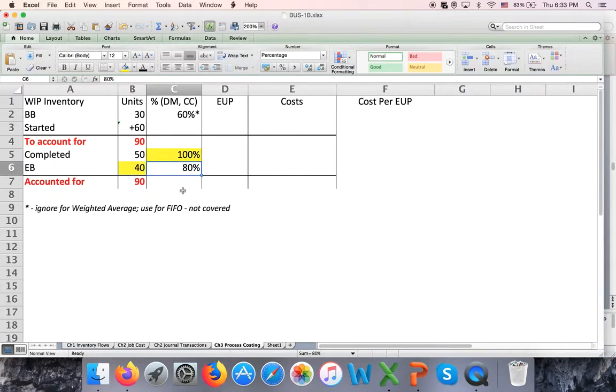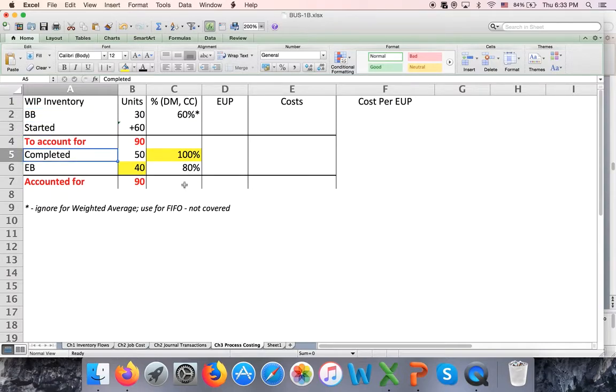Only this percentage will matter. Now, for simplicity here, I am not separating each of these into direct materials and conversion costs. But in a lot of your problems, you will be given separate information: beginning balance, how much is direct materials versus conversion cost, started, completed, engine balance.